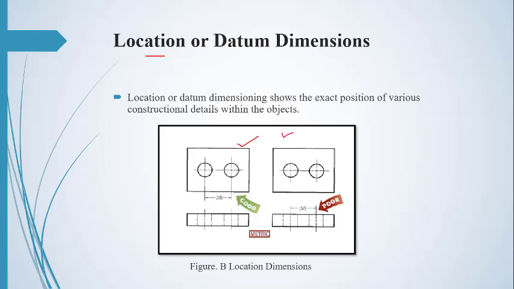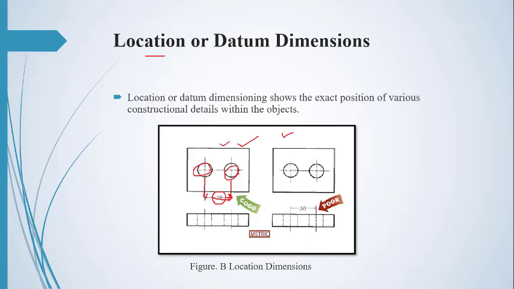You can see here that there are two holes, and these two holes are explained from this dimension line, that is 38. It shows that the distance between them is 38 units. So it shows the exact location or exact details in the object or in the drawing.